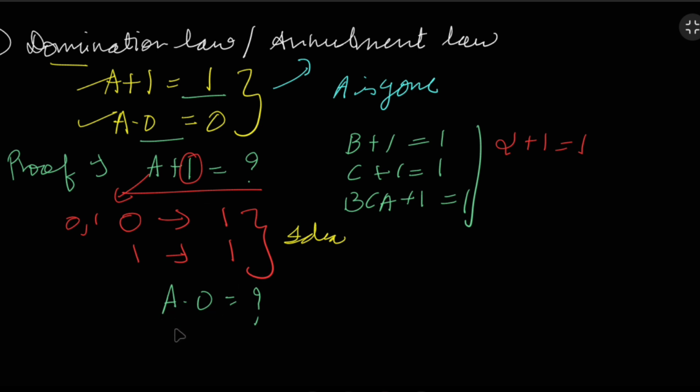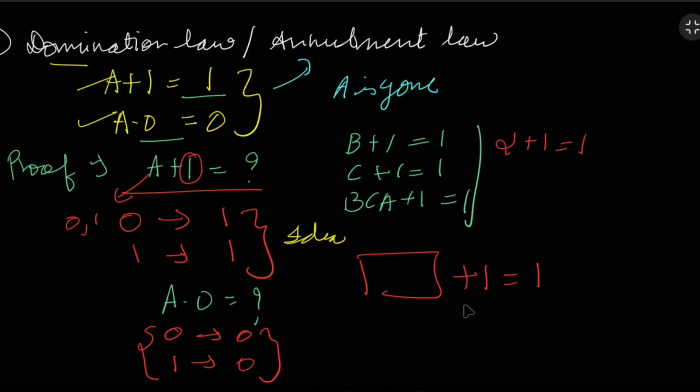A can be either 0 or 1. This is fixed, 0 is fixed. If A is 0, the result is 0. If 1, then 0. So whatever you do with A, the final result will be 0. Is this clear? So whatever you have plus 1 equals 1. It doesn't matter over here. And similarly, whatever you have multiplied by 0 will be 0. This is the entire idea. This is the domination law.